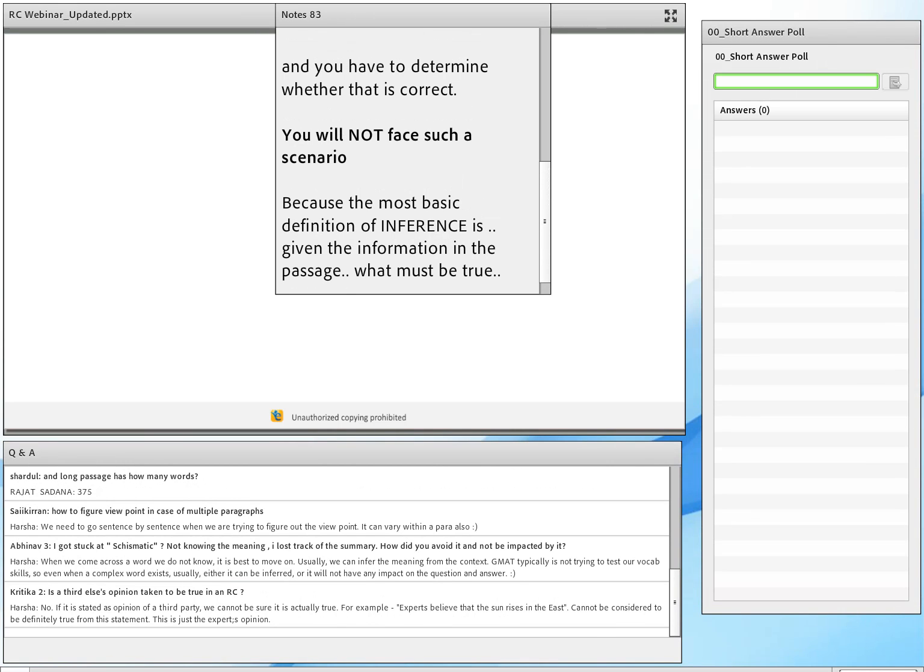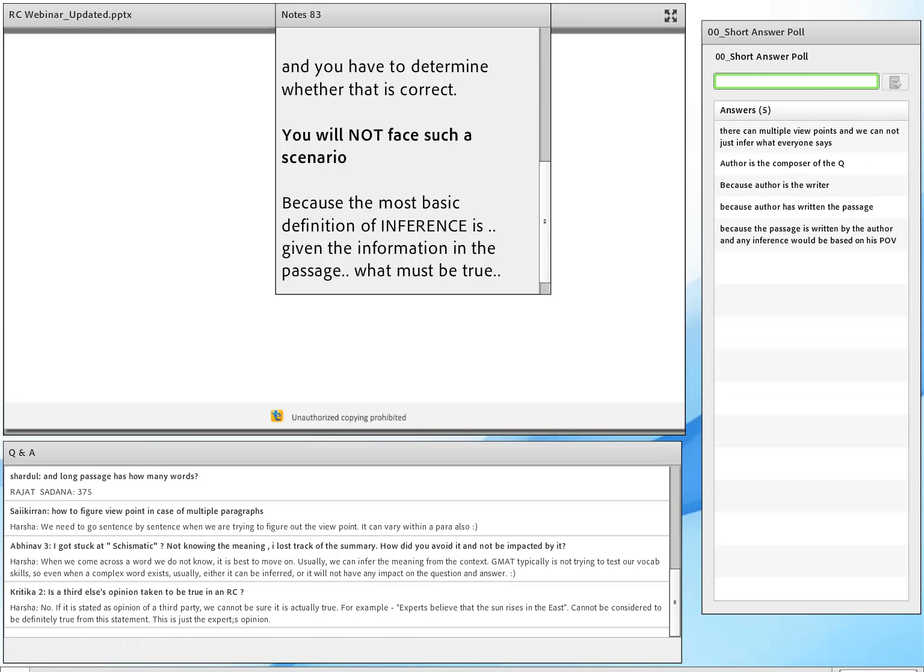How many of you think? It's a really good question, by the way. I knew the answer prior to this, but I had not formally thought about it. The moment he asked this question, I said, okay, I know why this has to be the case, because I use this in my daily life. Because the author has written the passage. What does it have to do with business? What does this have to do with an MBA and business?